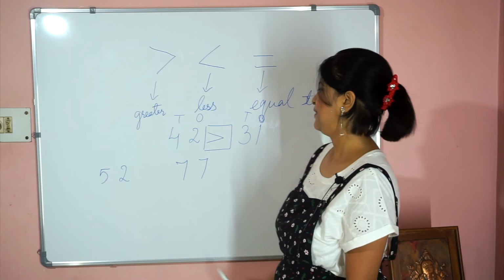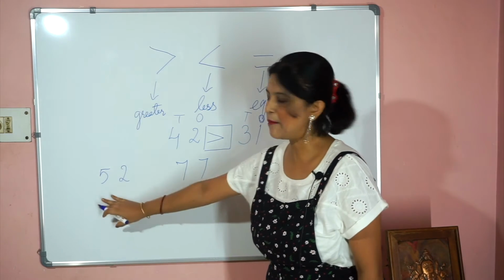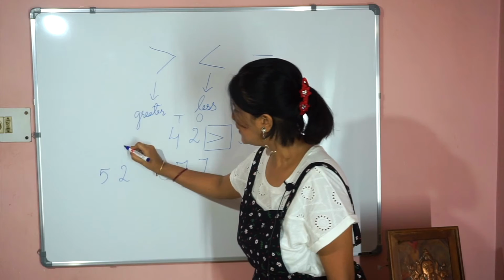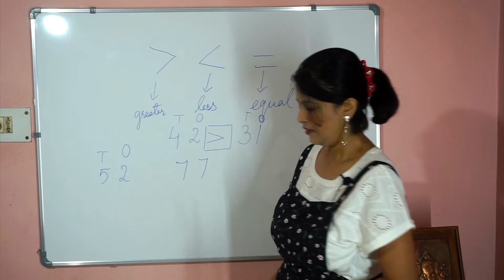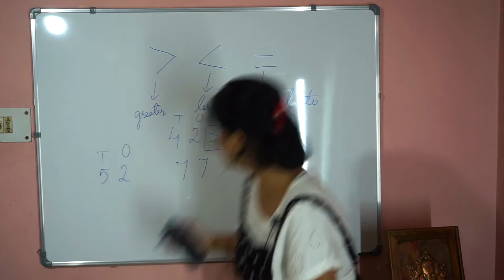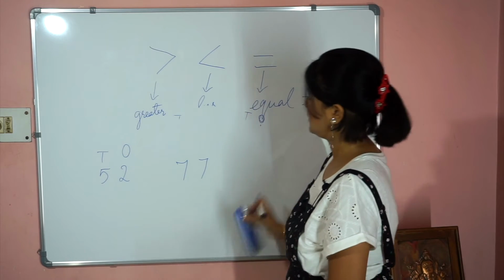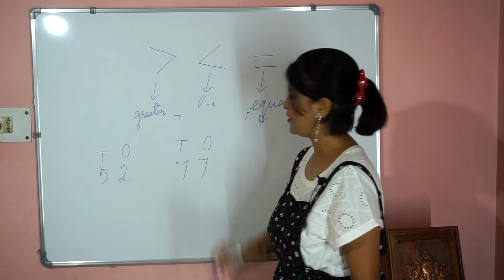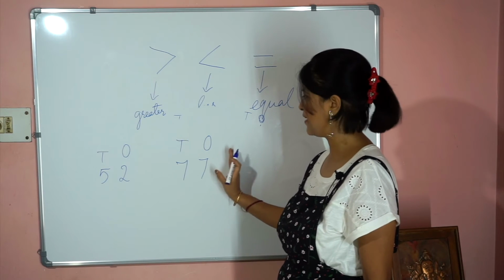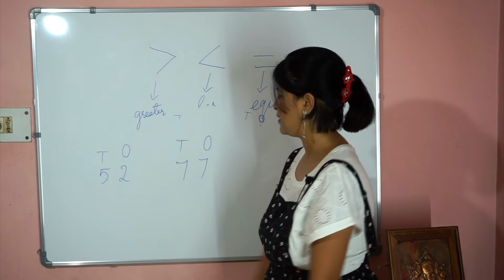So, here you can very well see for the two given numbers, here this is the ones place, this is the tens place. Similarly, this is the ones place and this is the tens place. Ones place comes first, okay. From the right side, we move on to the left side, ones and tens place.